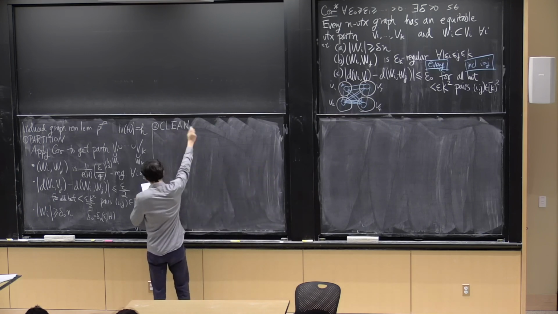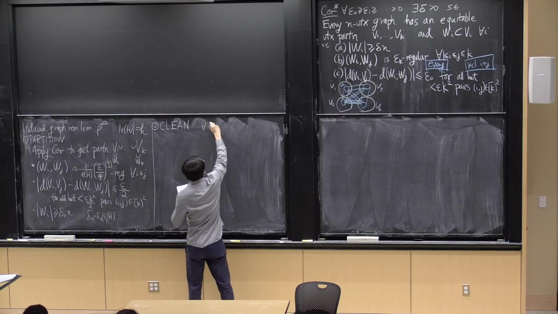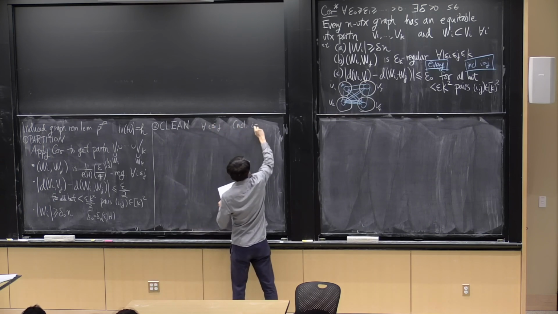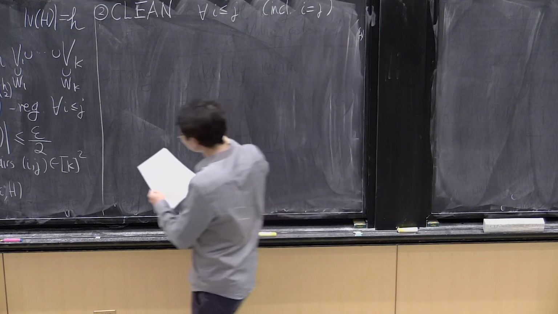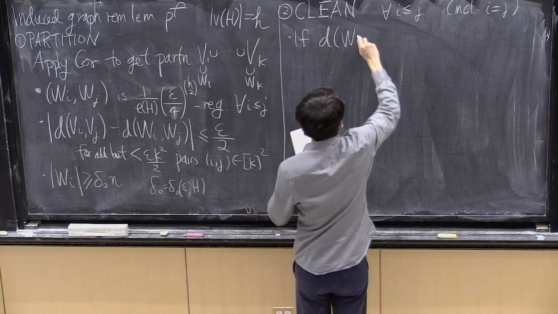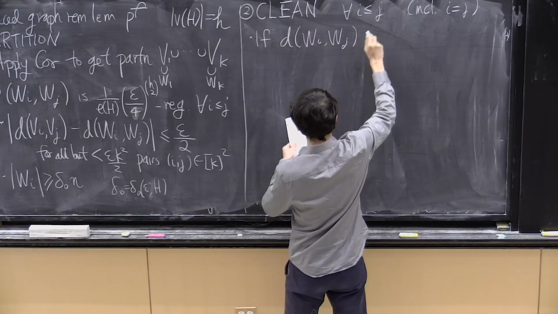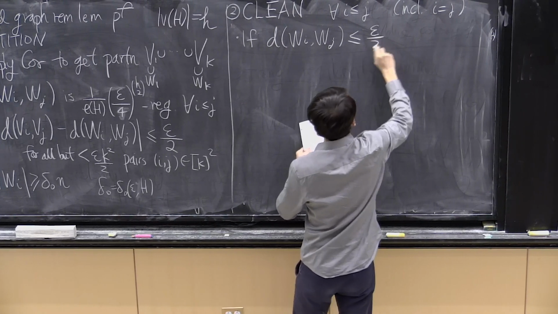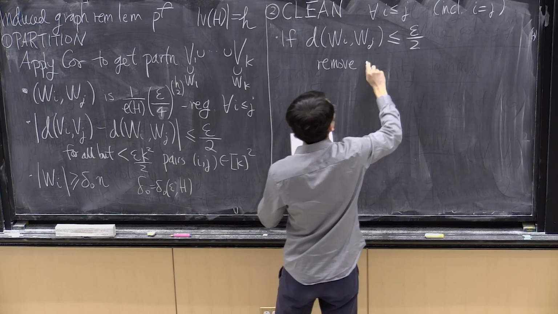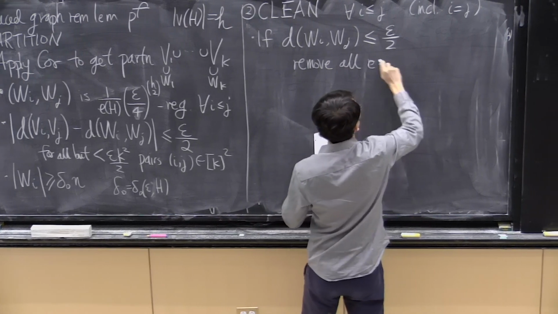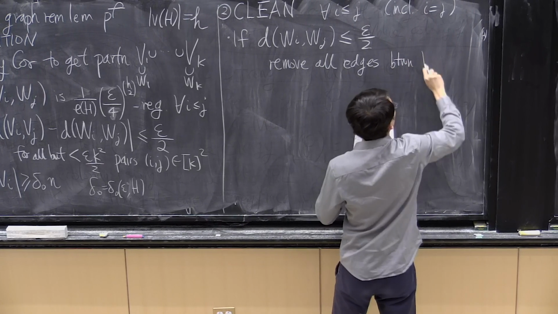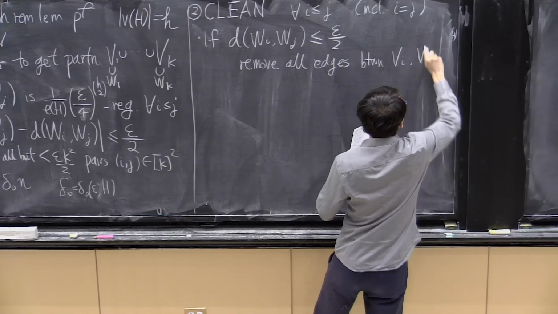For every i less than or equal to j, crucially including when i equals j, if the edge density between the W's is too small, then we remove all edges between Vi and Vj.